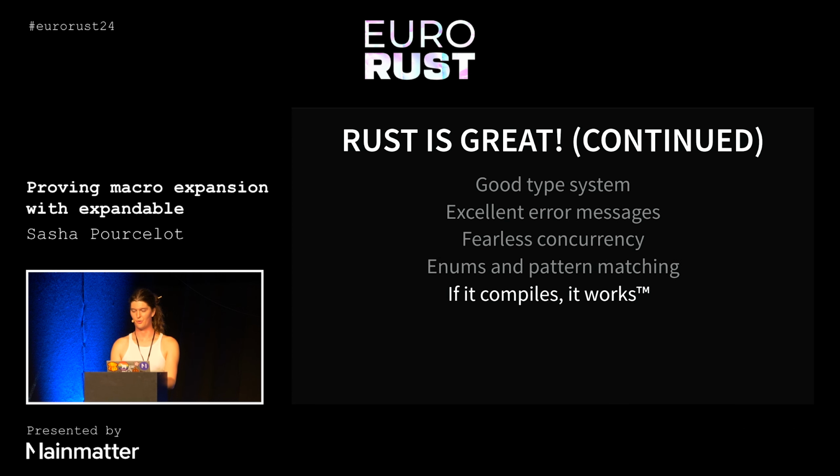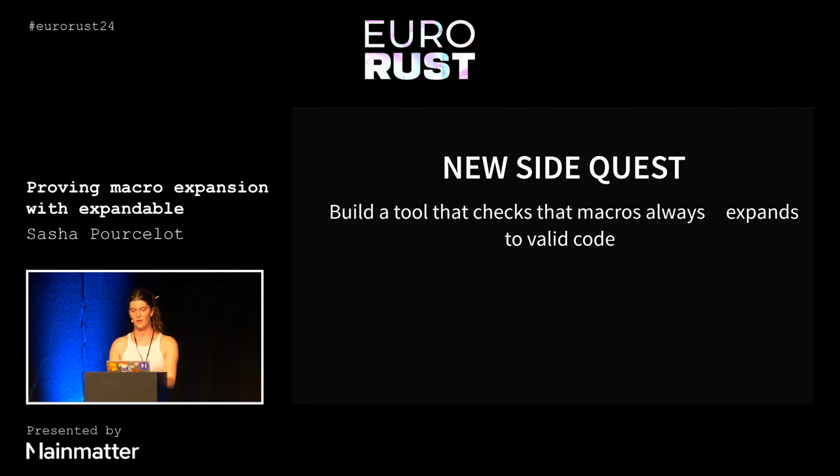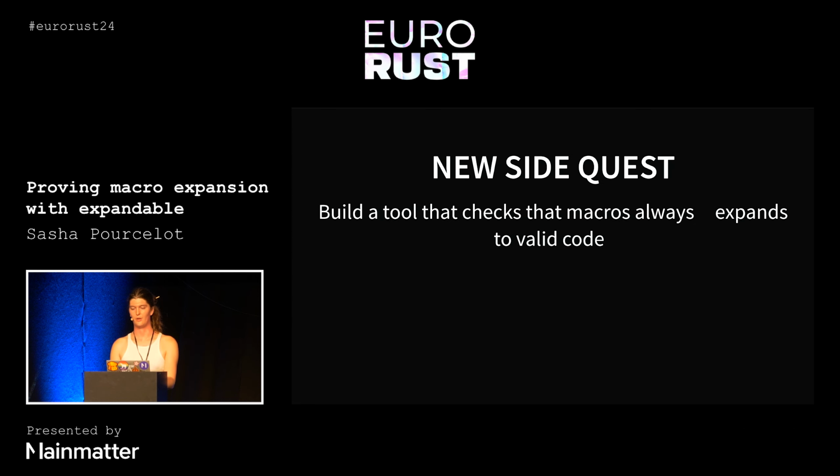So Rust is great because when my program compiles, it works well, except for macros. So with that in mind, wouldn't it be great to have a tool that allows us to check as quickly as possible that a macro always expands to valid code? So this was the side quest I just discovered.